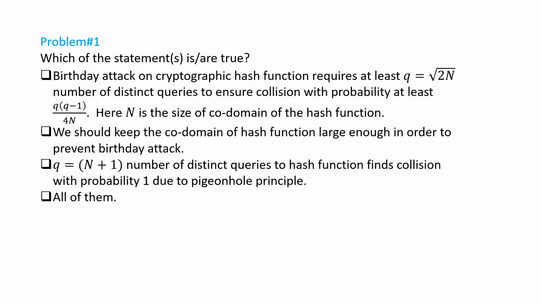That birthday attack requires at least root 2n distinct queries to ensure collision with probability at least q into q minus 1 by 4n. You can write to chat. Okay, so this is true.